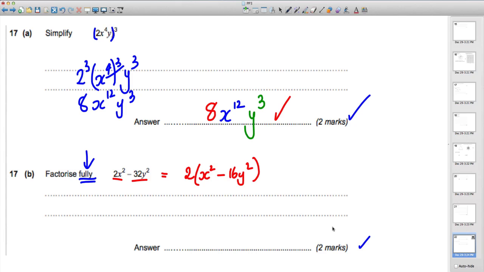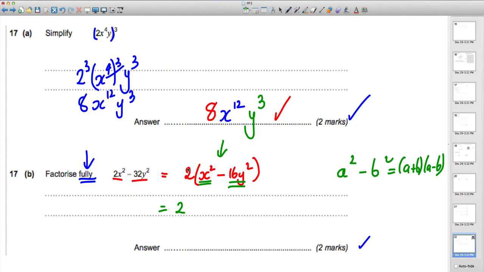Now, you wouldn't get 2 marks for something as simple as that. There must be another trick to it. Yes, there is. You should recognise this is a difference of 2 squares. It's something squared, it's x squared, take away something else squared, namely 4y squared. When you see something like this, it factorises to (a plus b)(a subtract b).